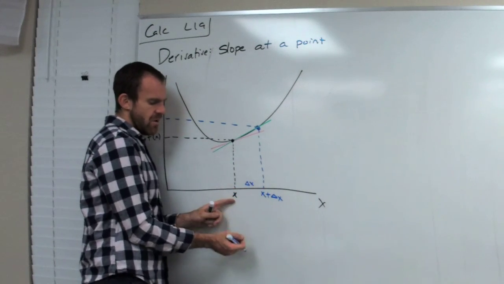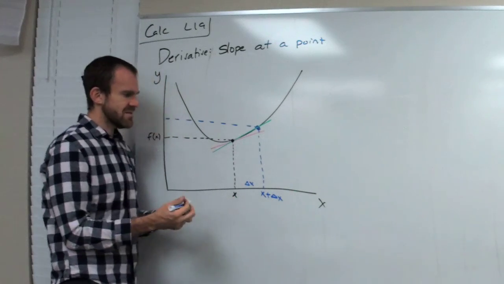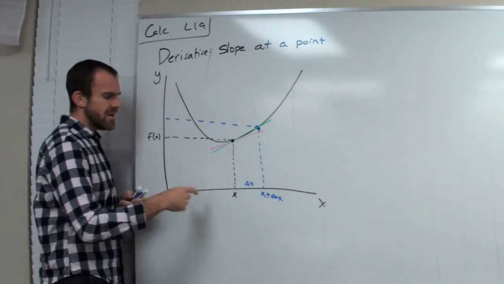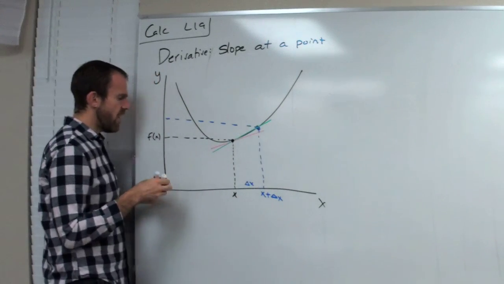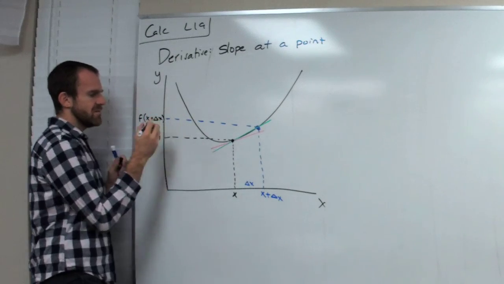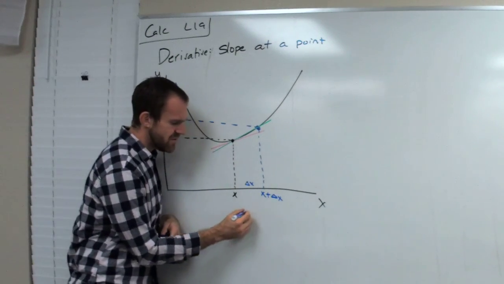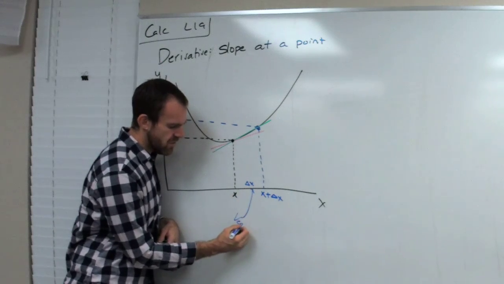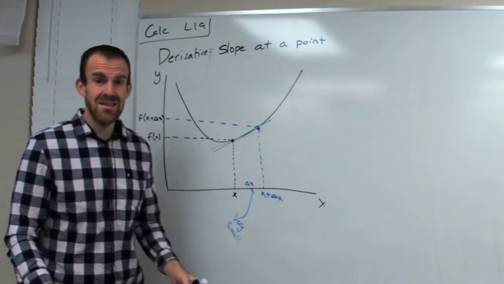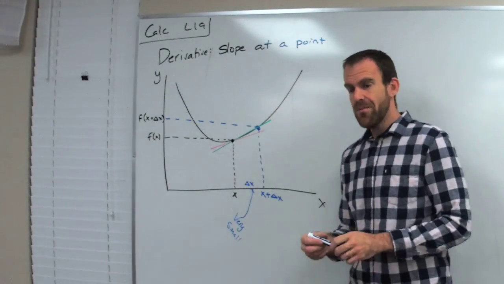And so our original point was x. If I add delta x, I get x plus delta x. So what do I get out of the function? Well, if I plug in x plus delta x, my y value should be f of x plus delta x. The trick here is that I want this change in x, or delta x, to be very small. And so I am going to take the limit as delta x approaches 0.